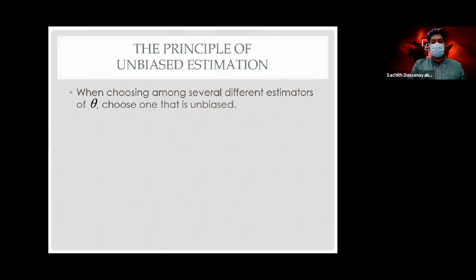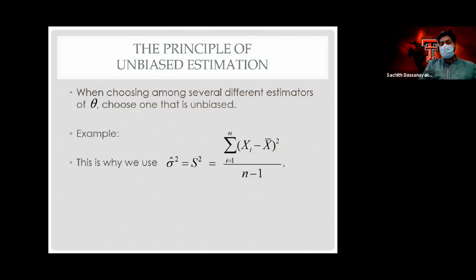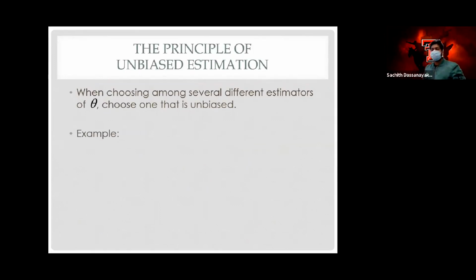When choosing amongst point estimators, if we have a few of them, which one do we need to pick? As I mentioned in the second slide, there was the mean, median, and trimmed mean, three of them.